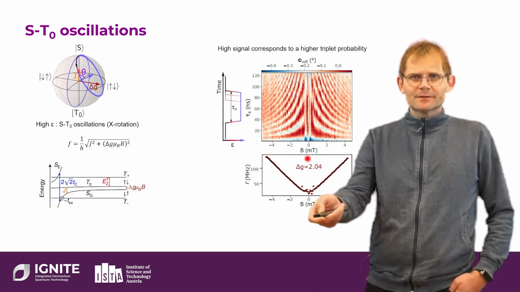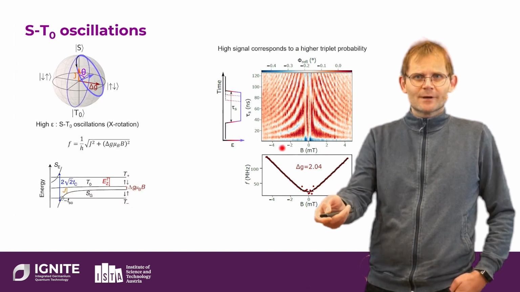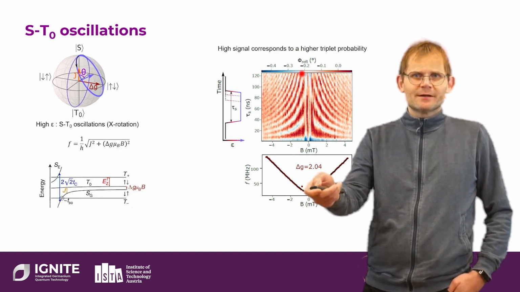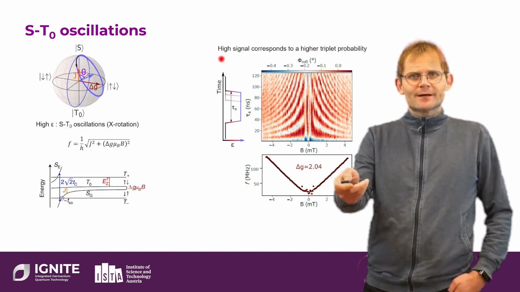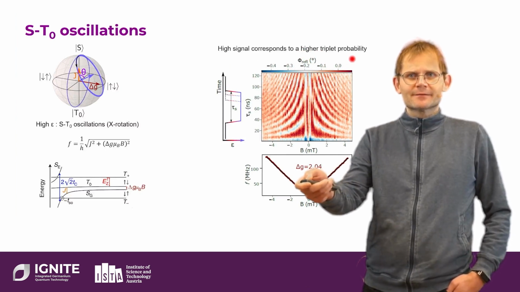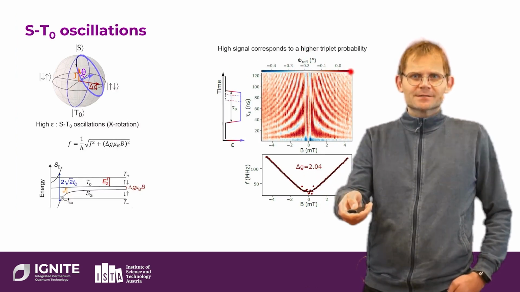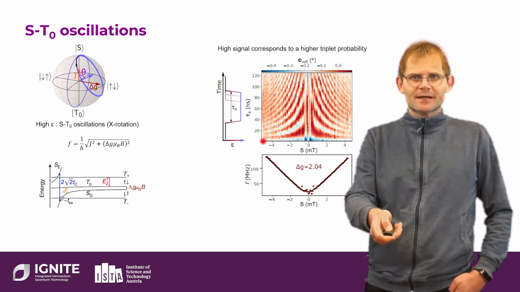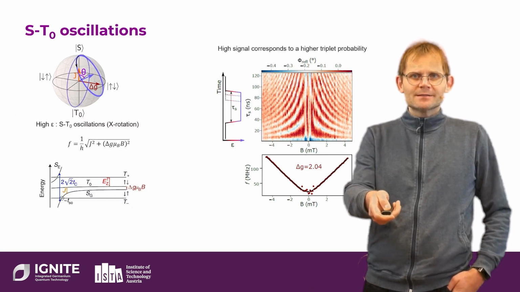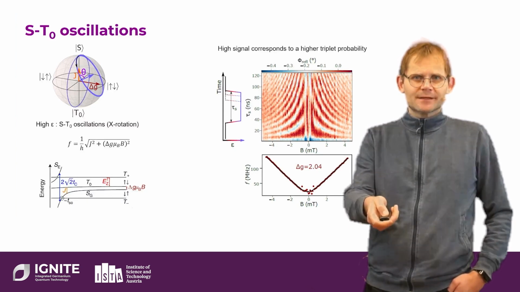On the right plot, you see this measurement where we measure the reflectometry signal, where high signal corresponds to a higher triplet probability, versus the time we are spending at this position and the magnetic field, and you can see the so-called X rotations.